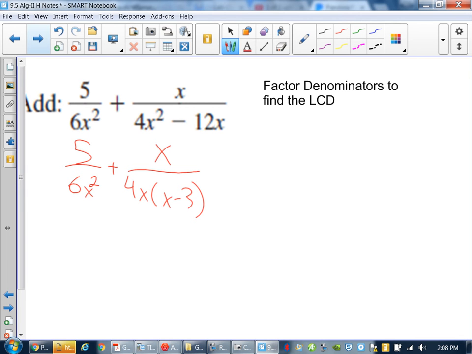On the right-hand side, I can factor out the value of x because this is all one giant monomial. Everything is put together via multiplication. The stuff in parentheses is being multiplied. So I can take out this factor of x, and I'm going to get 5 over 6x squared plus 1 over 4 times x minus 3.